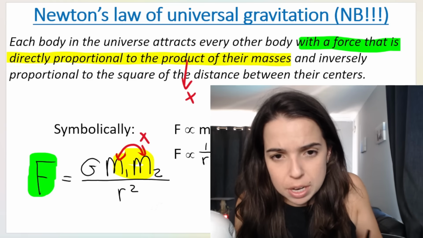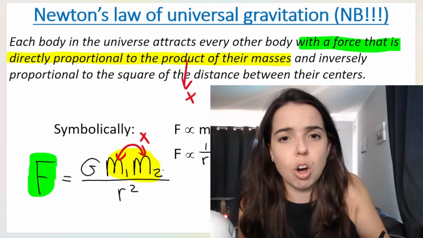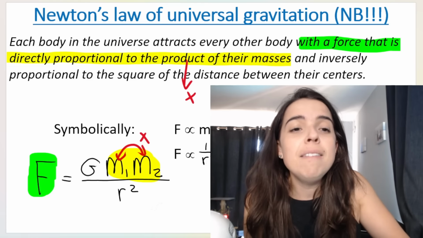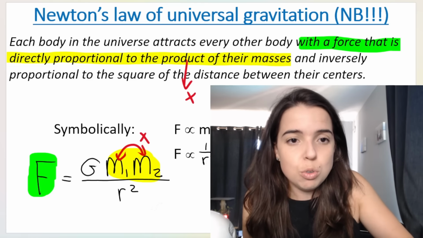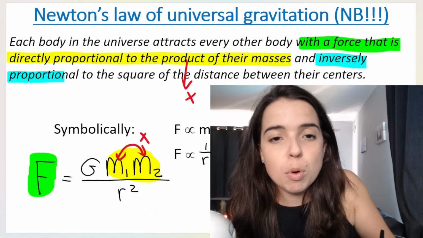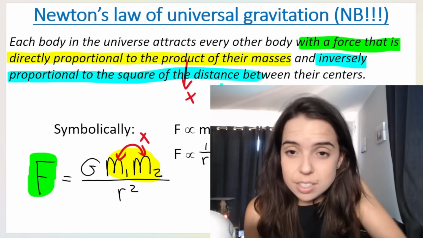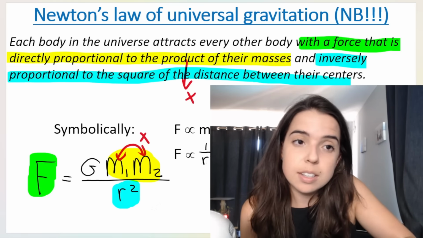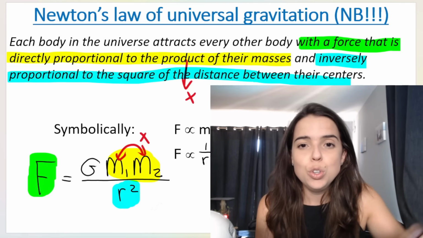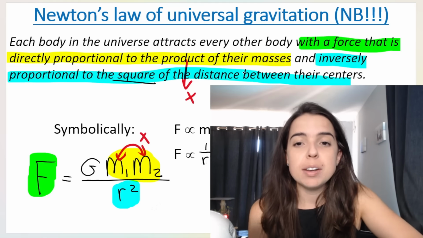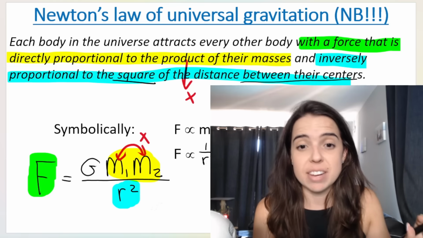And as you can see in the formula, I'm multiplying the masses together, product of masses, and inversely proportional to the square of the distance between their centers. So you can see here that the distance between the centers is squared. So if you leave out square, the definition is wrong. If you leave out between their centers, the definition is wrong.